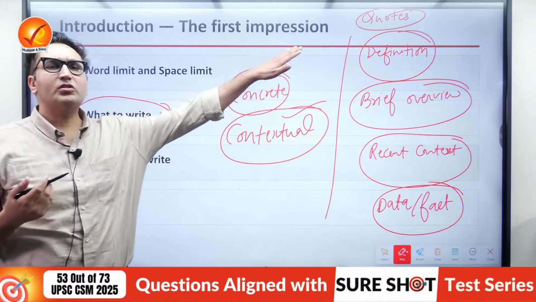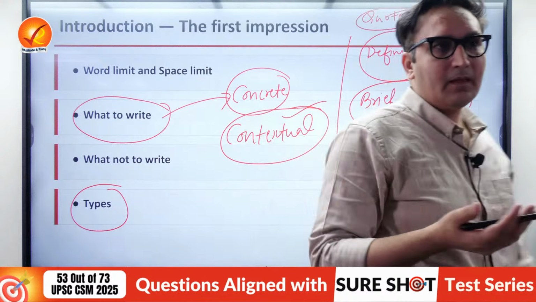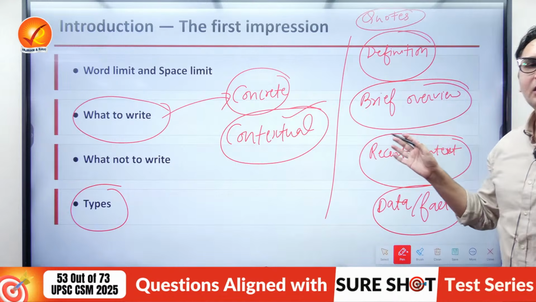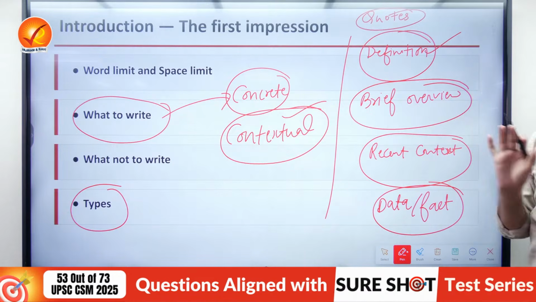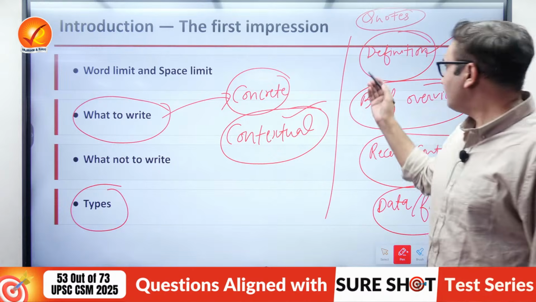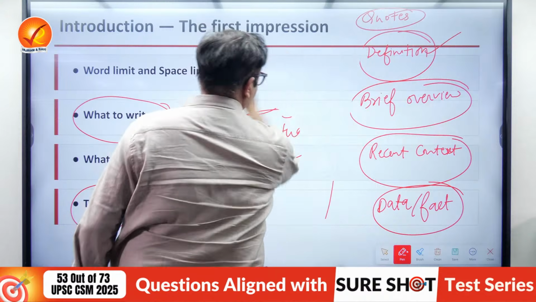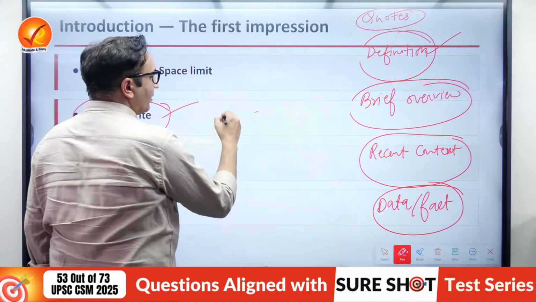Mostly you will find quotes in either GS2 or maybe in essays or maybe in GS4, right? So if you ask me, use definitions very selectively. One another type that is very popularly written by students is background.